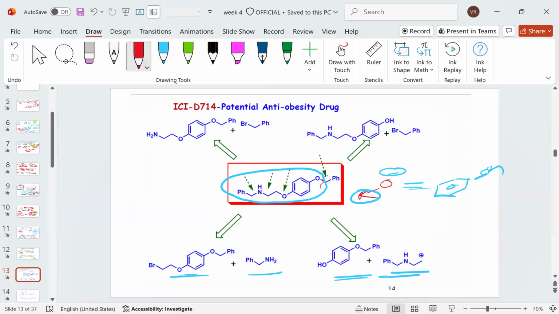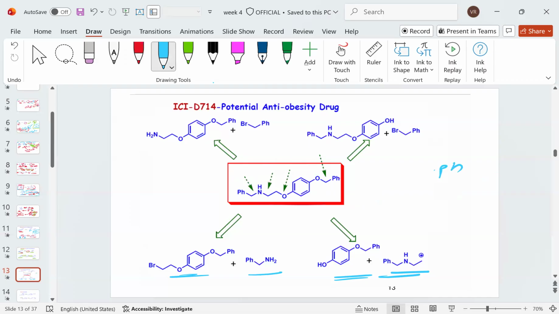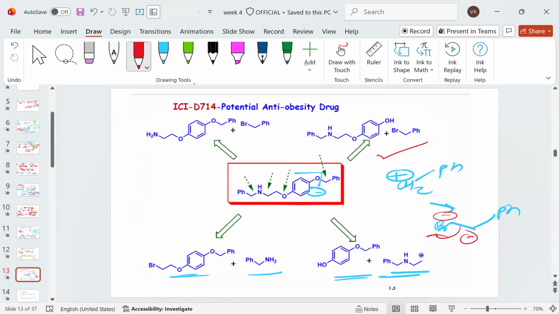Similarly, the another part is PhCH2 positive. This part was O negative, and now this should be positive, and this can be achieved from BrCH2Ph. So now if we look at the bond polarity, this is negative and this is positive. So the first disconnection is logically correct.